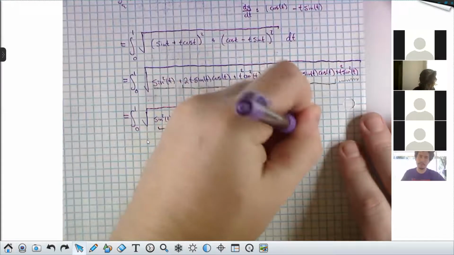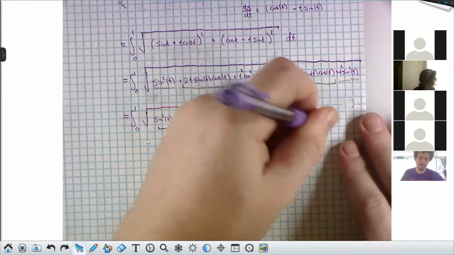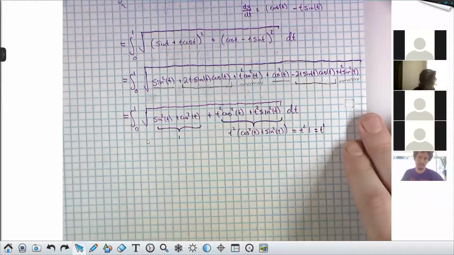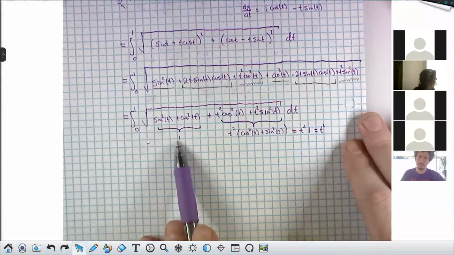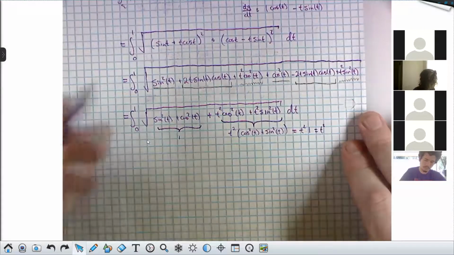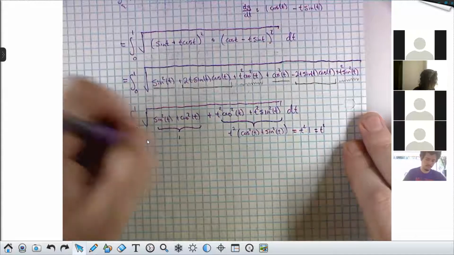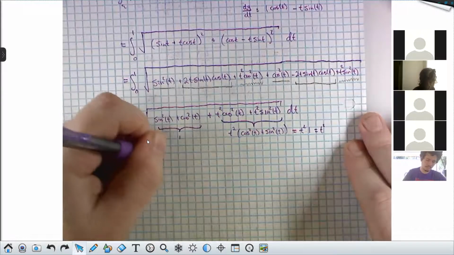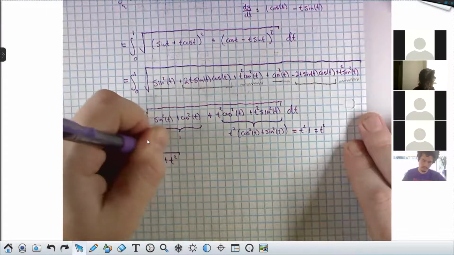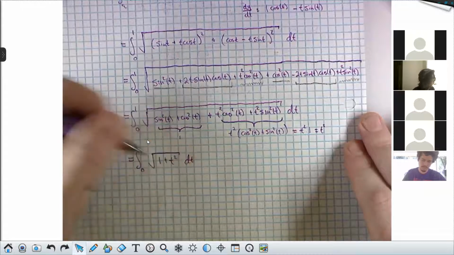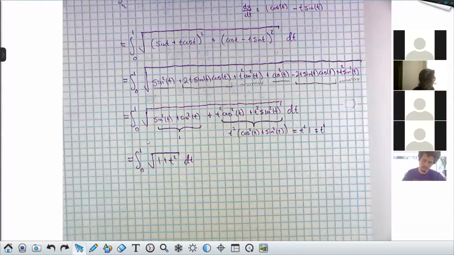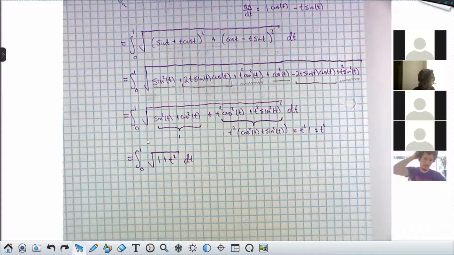So this piece is really just t squared times 1, or t squared. So my radical here simplifies a lot. It's just the square root of 1 plus t squared. So I have the integral from 0 to 1, square root of 1 plus t squared dt. Not bad considering how horrific this thing looked at first.